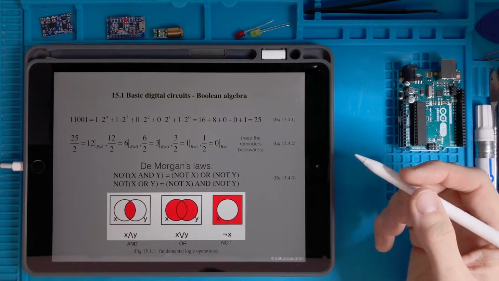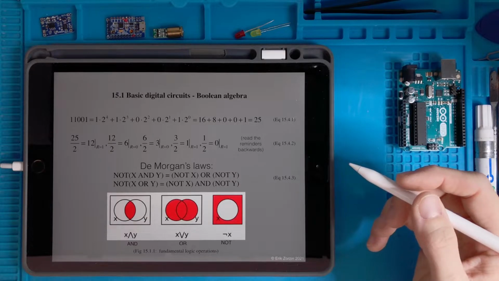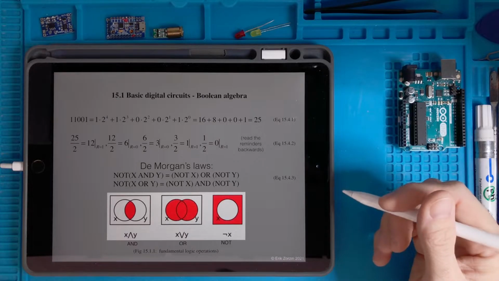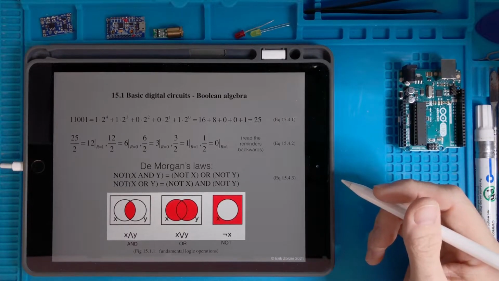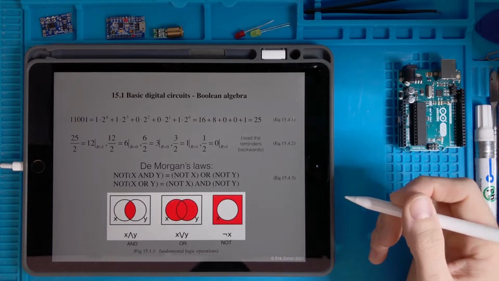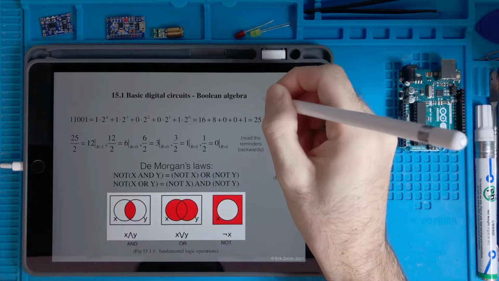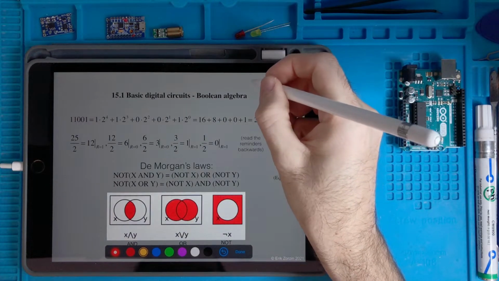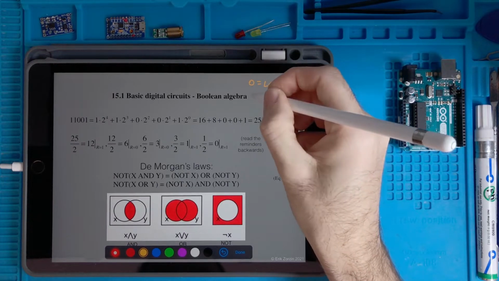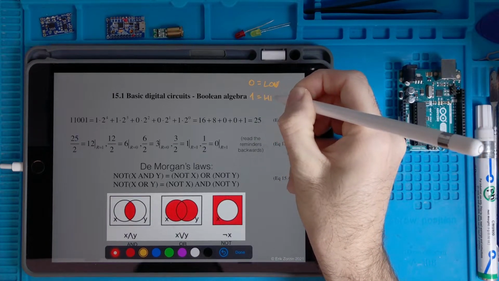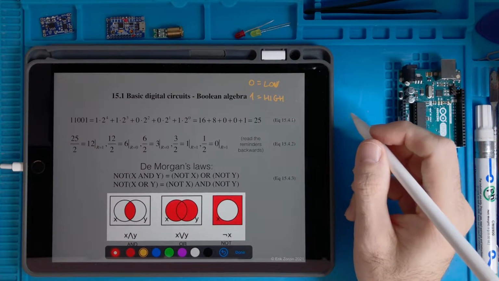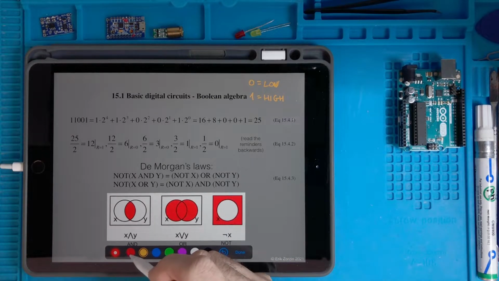So in electronics, those values are represented by levels of voltage. Usually the zero value is represented by a low voltage. So let's say 0 for us means low voltage, and 1 conversely means high voltage. So there is a standard for these voltages.